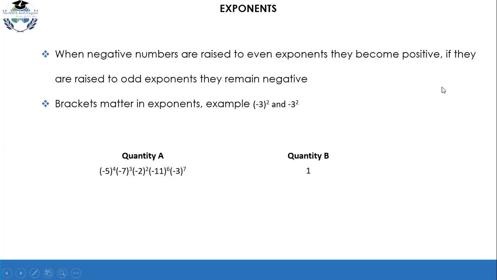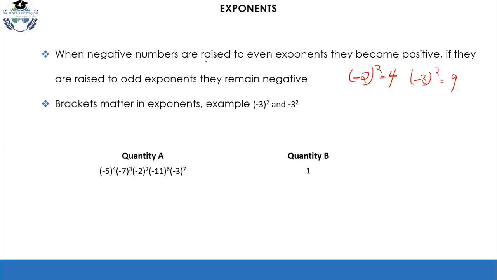Another thing to know about exponents is that when negative numbers are raised to even exponents, they become positive. So negative 2 squared is equal to 4. Negative 3 squared is equal to 9.